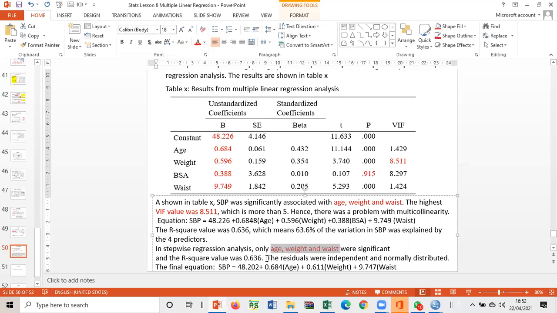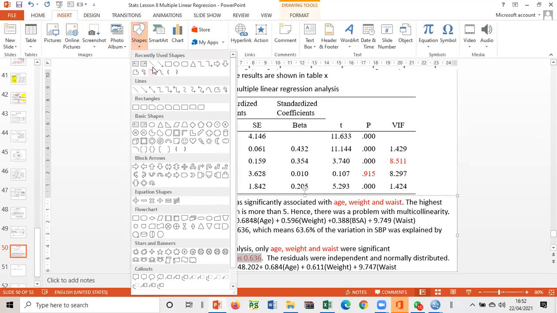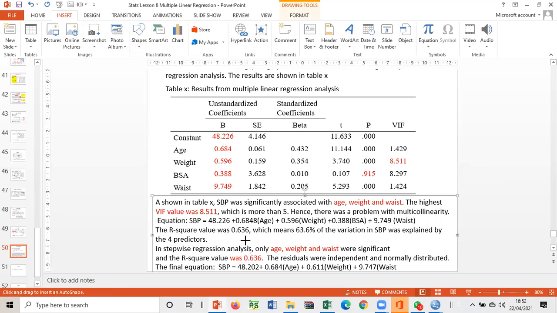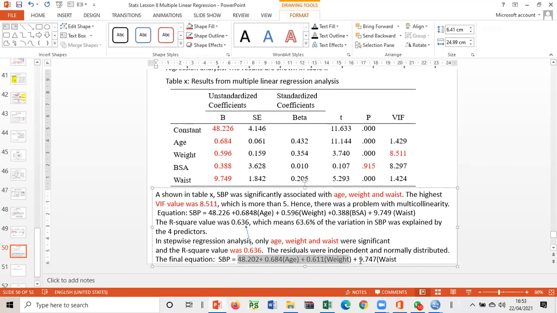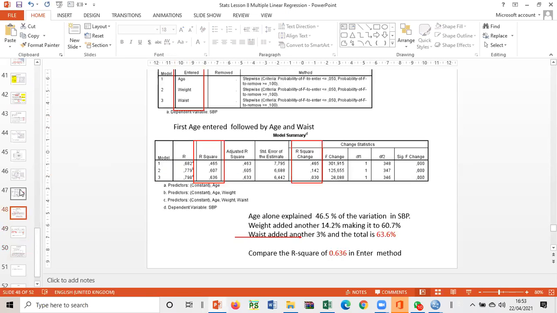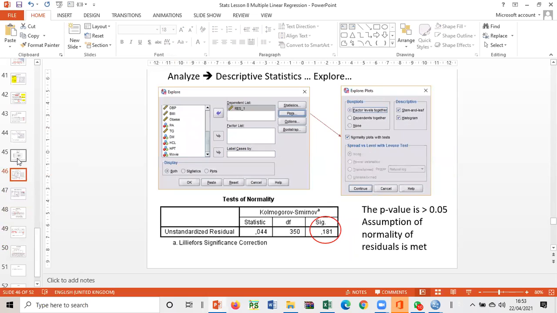And the R square value this much, what does it show? Is it much different from the enter method? That R square value, is it much different from here? No. Check the residuals. And then finally, that's my equation. Right? A simple write-up. If you want to keep all the tables, put them in the appendix. Some students put an ANOVA table.